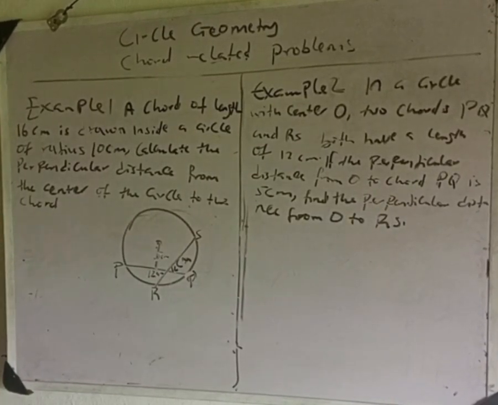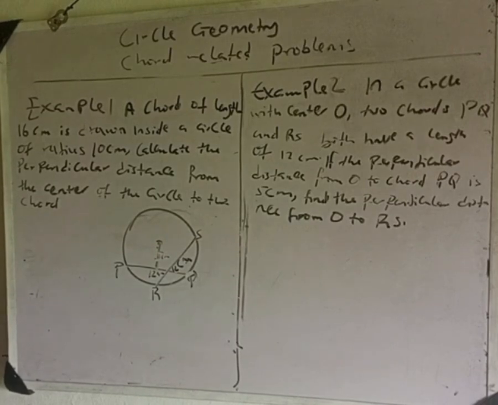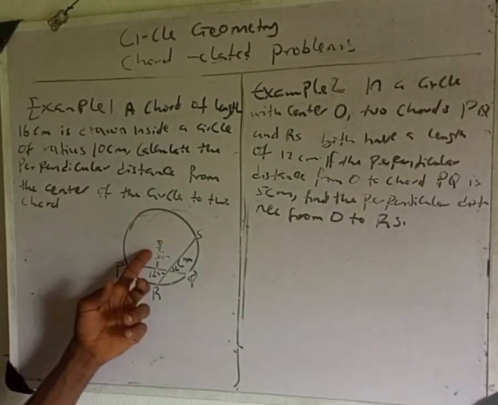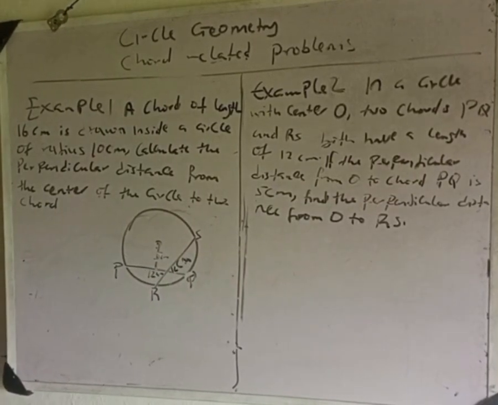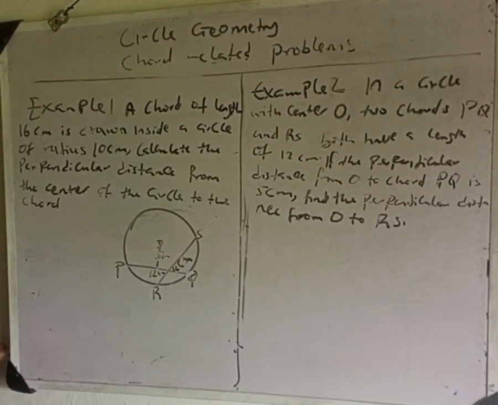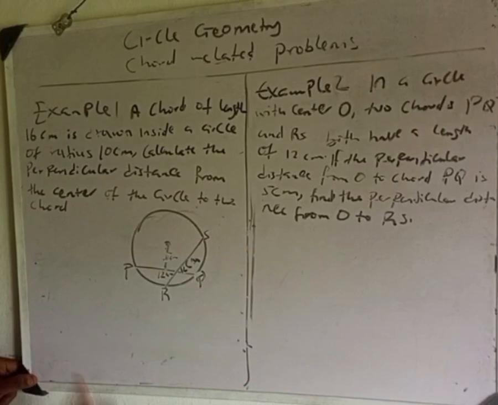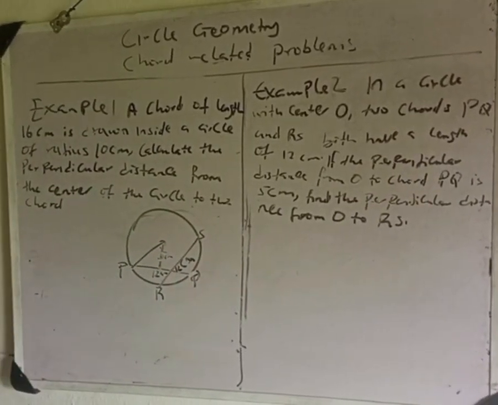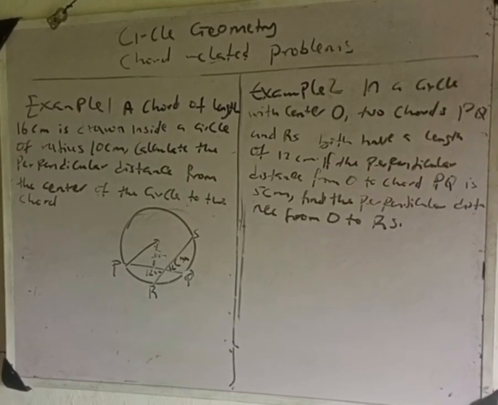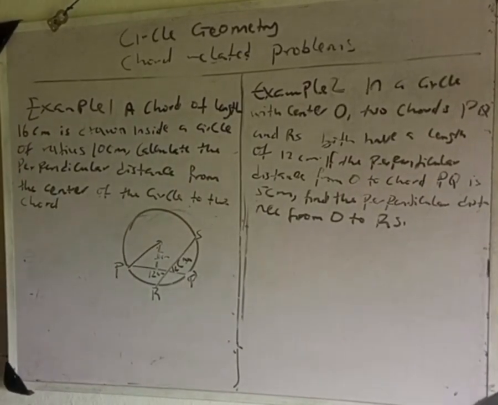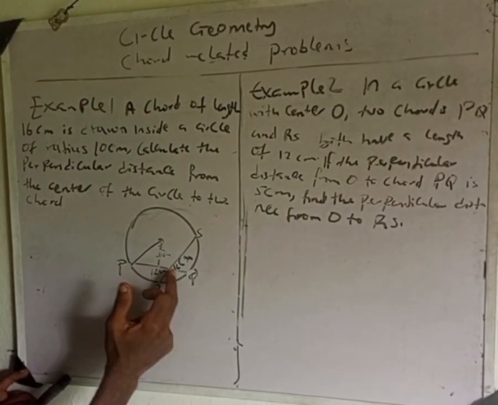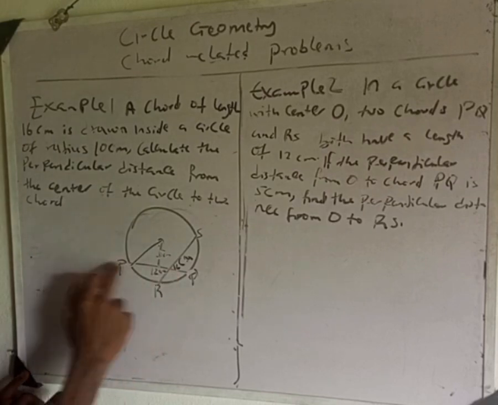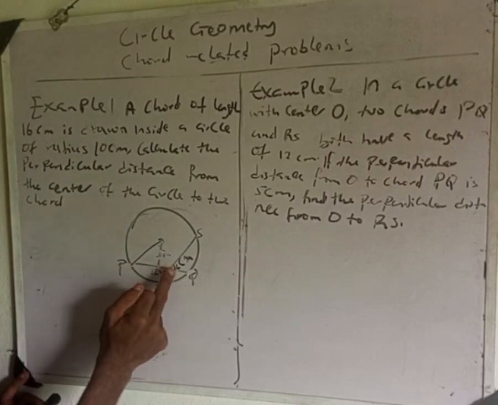Now, there are different ways I can go about this. First of all, I can choose to find what the hypotenuse is. And if I find out what the hypotenuse is, remember this chord will give me 6 cm here, and this other one will give me 6 cm here.